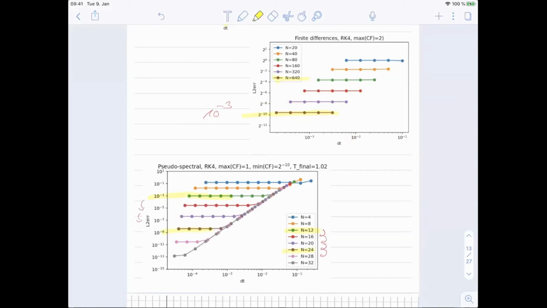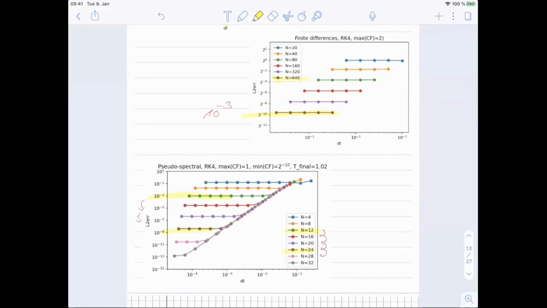If I wanted to go down to that error with the really simplistic finite difference code, well, each factor of 4 doubles the number of grid points. I think this needs 2 to the 8. This would need about 1,000 times more grid points. I'm at 640,000 grid points.